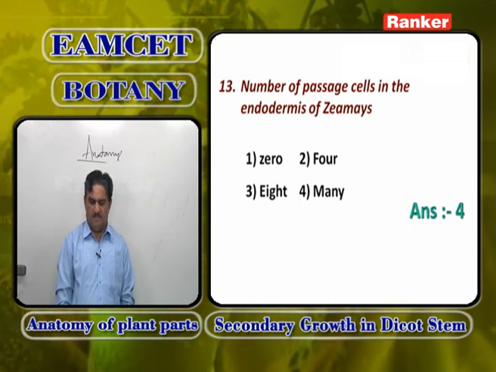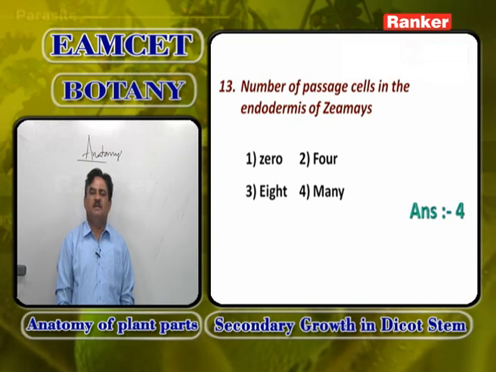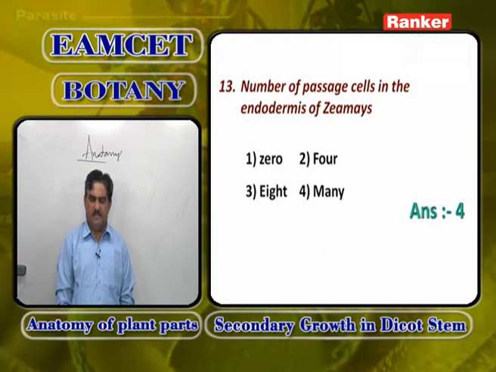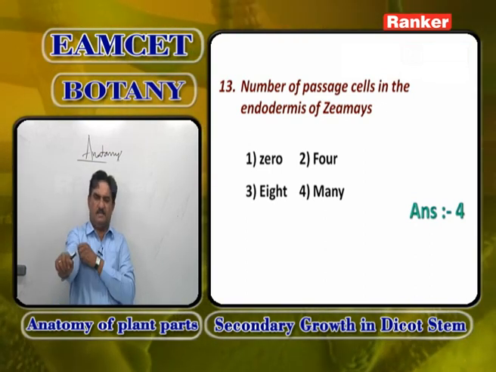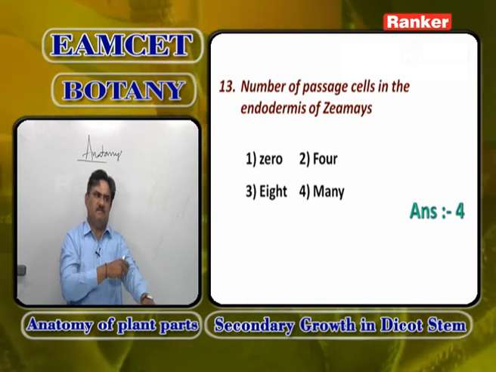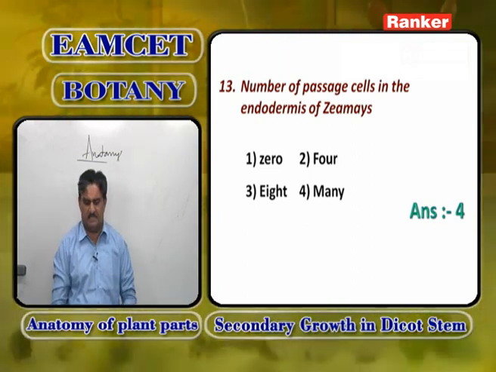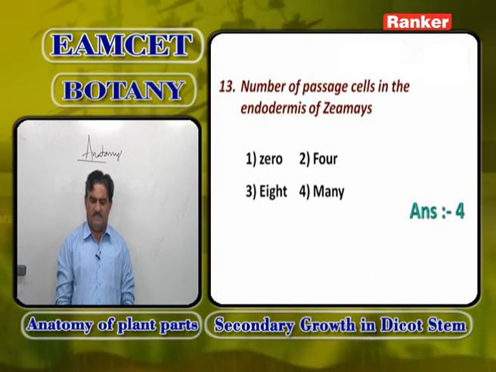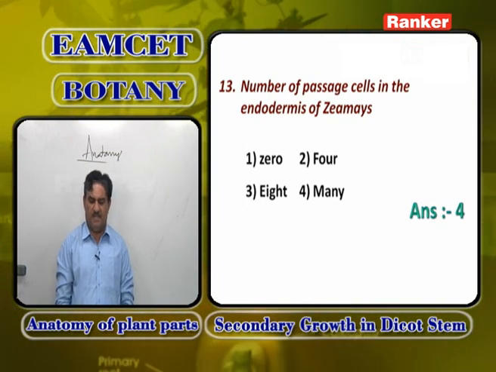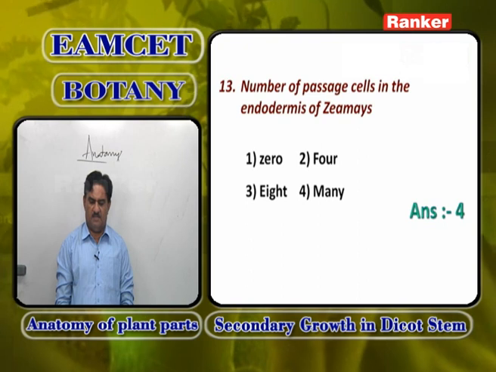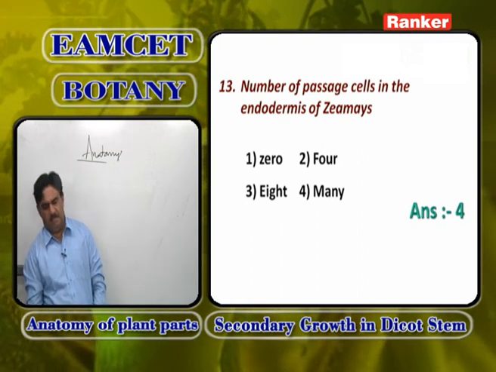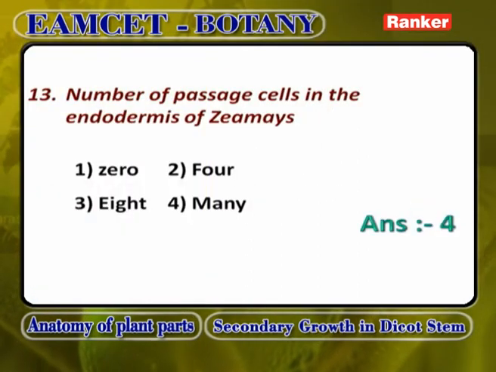Zea mays is a monocot, which shows polyarch and exarch xylem. Whenever xylem is polyarch and exarch, numerous passage cells are present opposite to the protoxylem vessels. So, the number of passage cells in the endodermis of Zea mays is many, not 4, not 8, not 0. Why? Because Zea mays is polyarch and exarch.